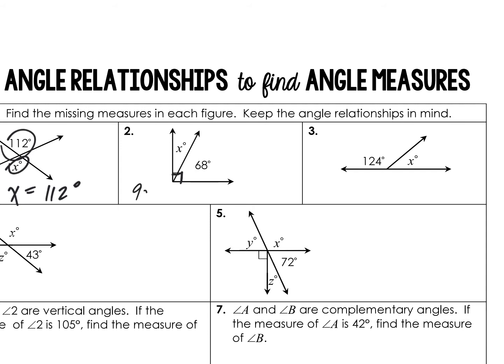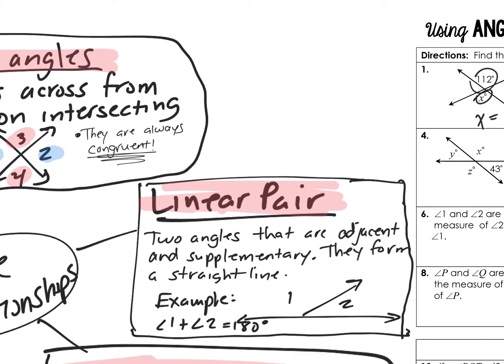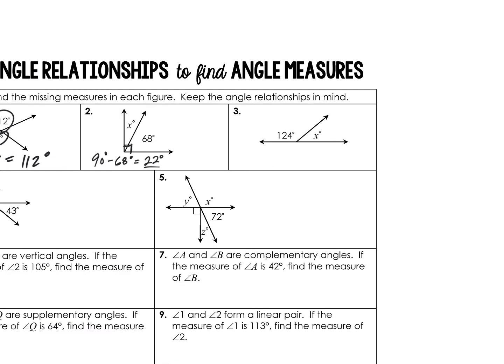So I can do 90 minus 68, and that gives me 22. Number 3, this is a linear pair. I can see that they form a straight angle. And so 180 minus 124 equals 56.